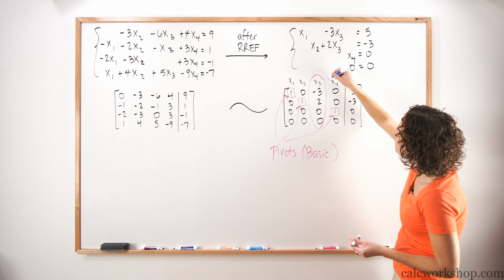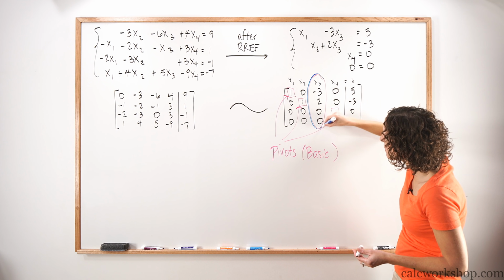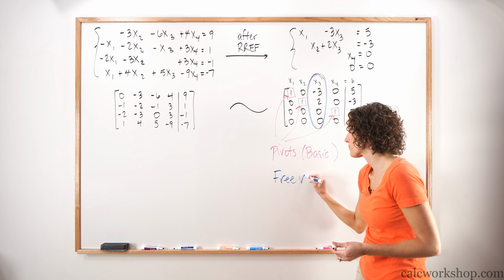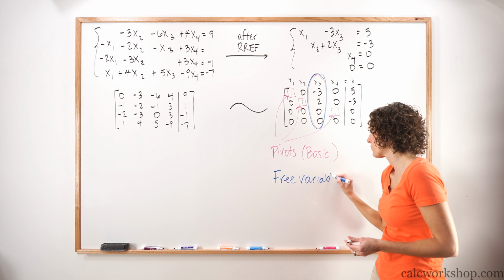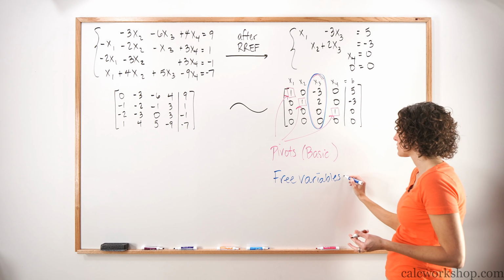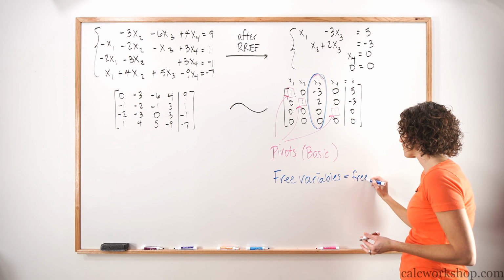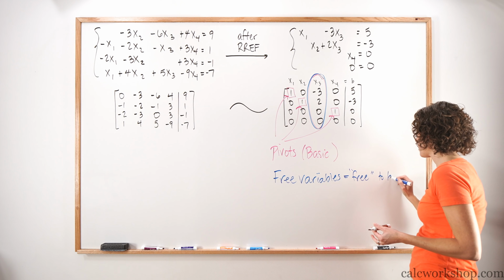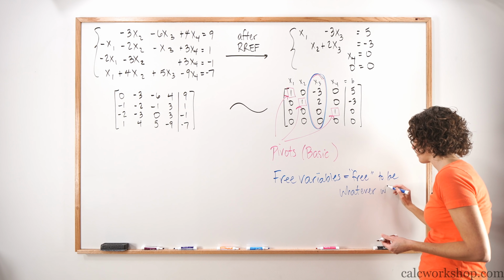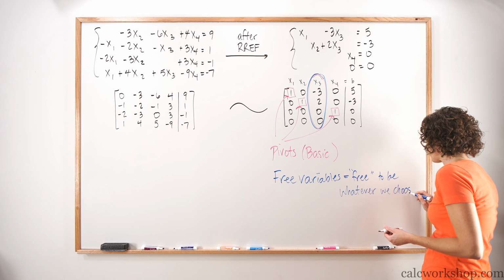So I'm going to try to put that in a different color so we can see it. So we have free variables, which in essence say they are free to be whatever we choose.